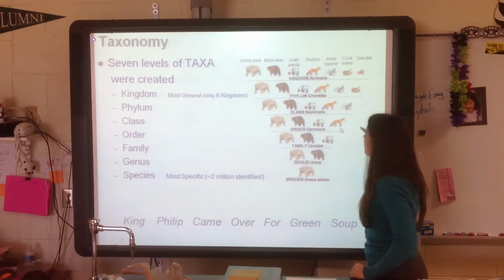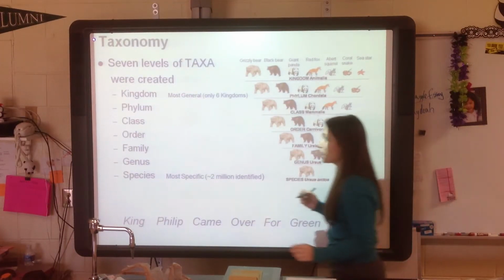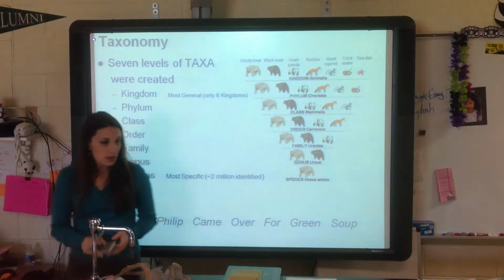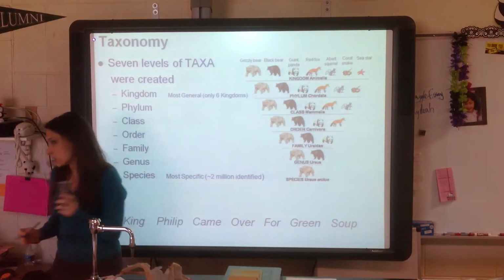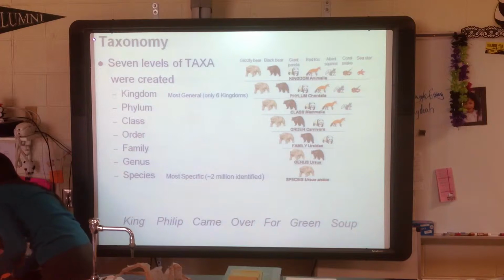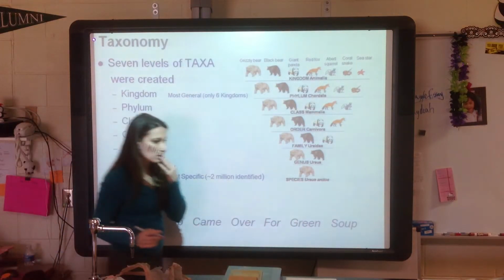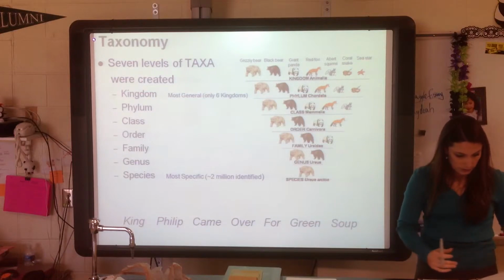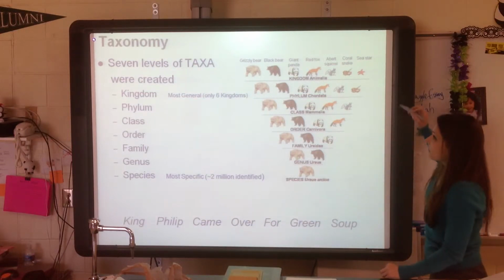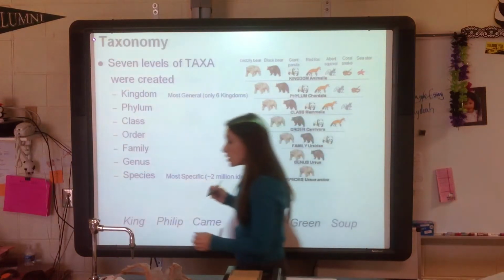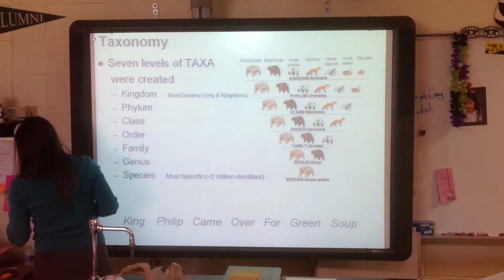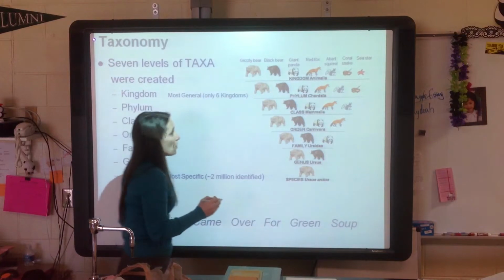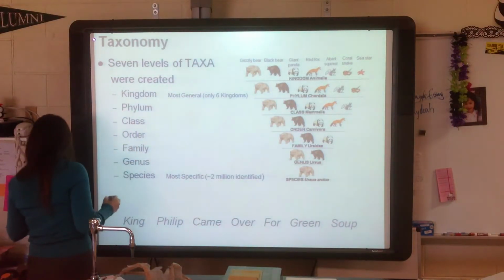So there are 7 levels of taxa that were created: kingdom, phylum, class, order, family, genus, and species. And so when you look at these different examples, we see that kingdom is going to be the most general, and species is going to be the most specific.